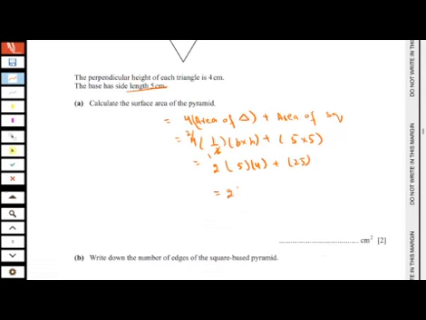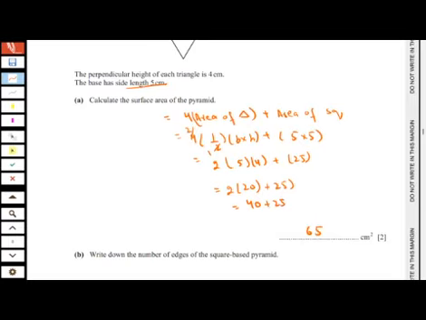So 2 5 4s are 20 plus 25, that is 2 20s are 40 plus 25, and the answer is 65 centimeter square.